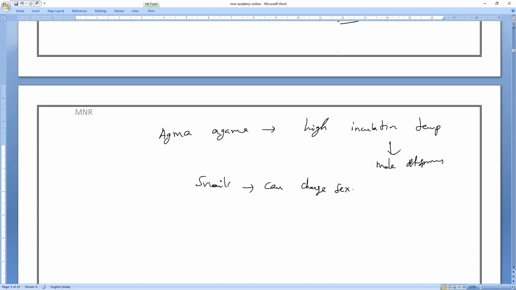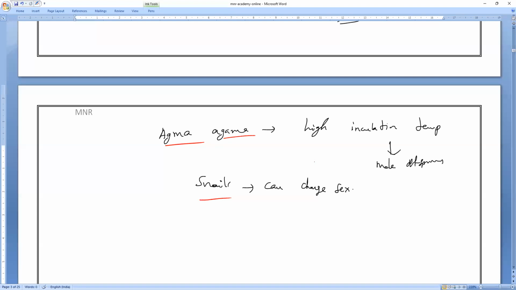So it indicates that sex is not determined genetically in these kinds of animals. For us humans, it is genetically transmitted, but in these animals it is based upon the environmental conditions.